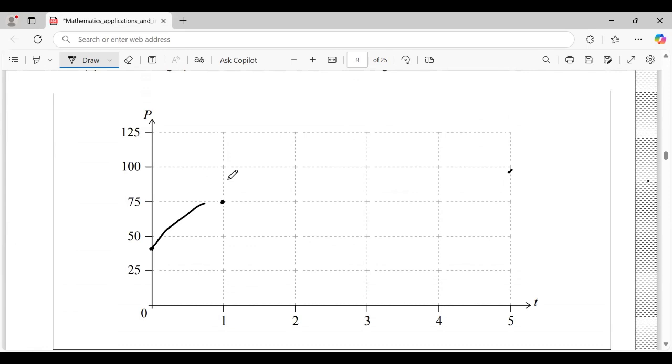Wait, I'm going to use a different color. Okay, maybe like this. Okay, it never touches 100.